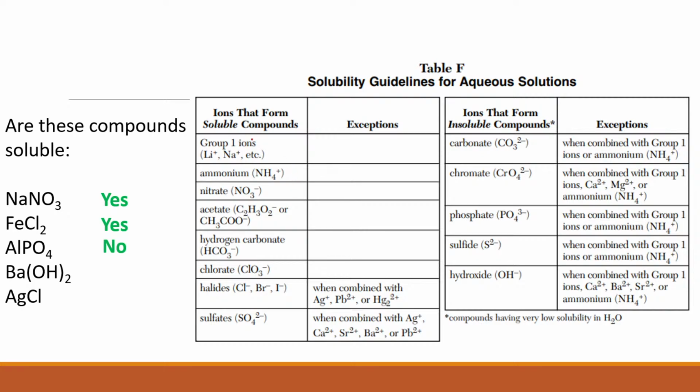If I'm looking, I don't see aluminum in the main column on the left or the right, but I do see phosphate. Phosphate is normally insoluble. Aluminum is not one of the exceptions, so it follows the rule, and it is an insoluble combination.